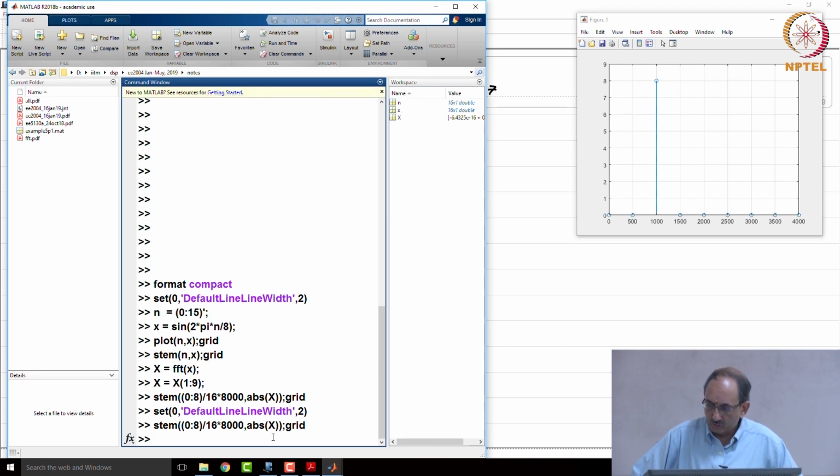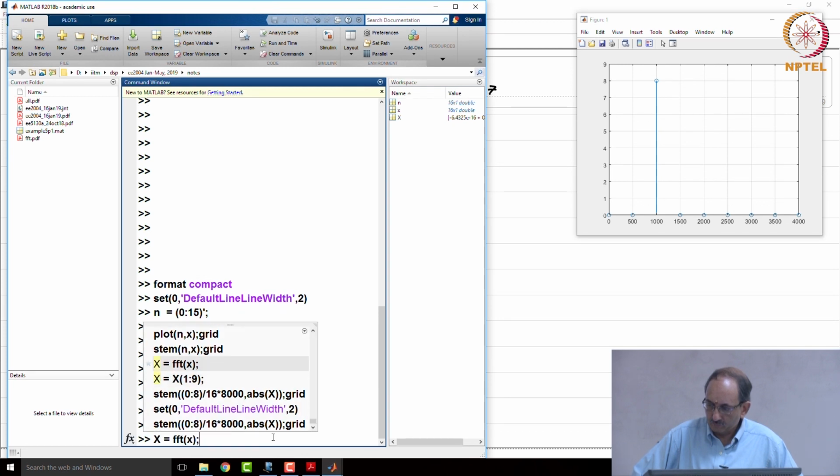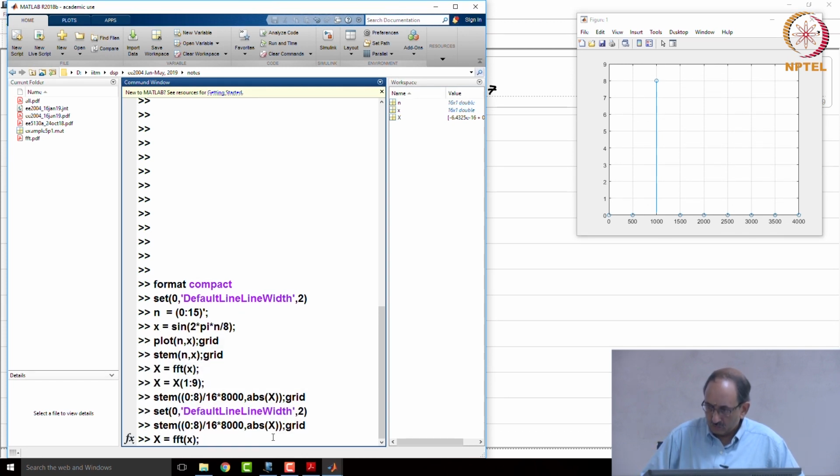So now what we will do is, we will take the original signal, and in FFT, if you just give it one argument, it will compute the N-point DFT of the argument by computing the length of the vector that has been supplied. The vector that was originally given to the FFT function was little x, which is of length 16, and hence it computed the 16-point DFT, of which we plotted the first 9 points, 0 to N by 2.